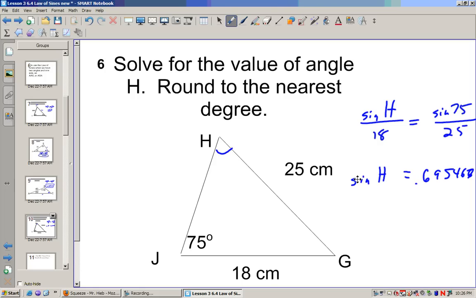So if that's what the sine of h equals, now the proper way to get rid of this is to do the arc sine. So h is equal to the arc sine of 0.695467, which if we just do the inverse sine of that answer, I get 44.